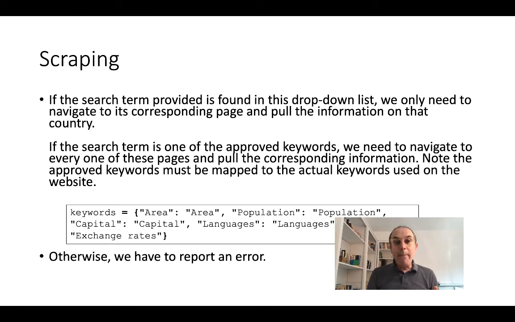So the scraping is the idea of searching an item and providing its information from a drop-down list. We can also navigate to a corresponding page and pull the information of the country. So in this case, you might have a lot of errors.